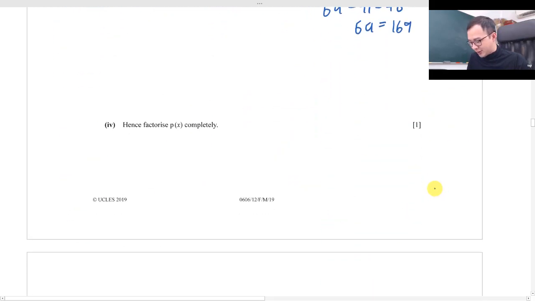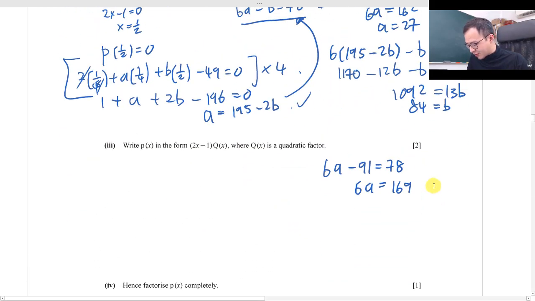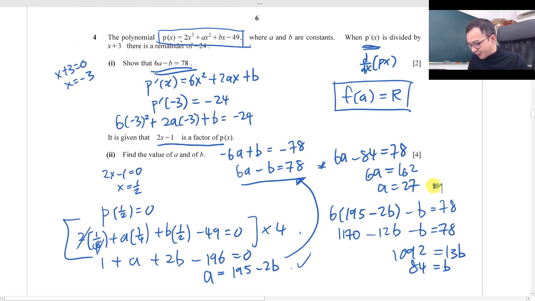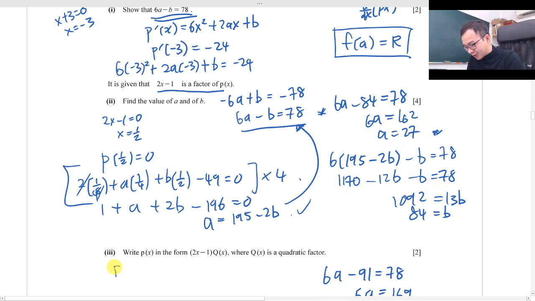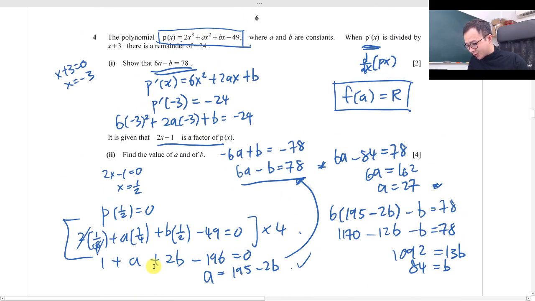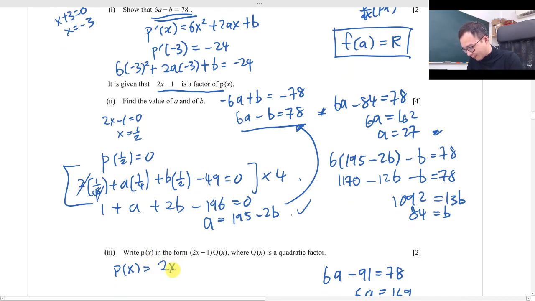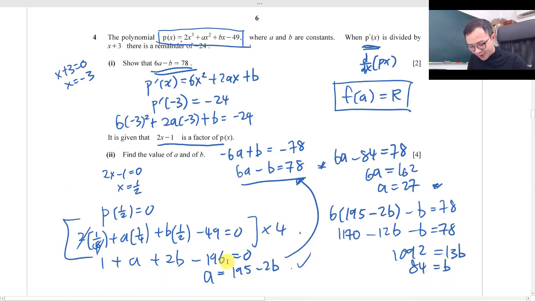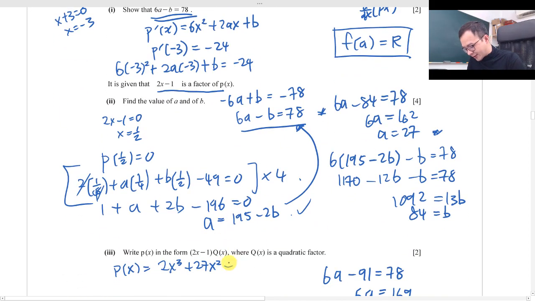Alright, so hence factorize completely for this one. After we got a and b, normally you need to plug in here. So my p(x) should equal 2x cubed plus 27x squared plus 84x minus 49.